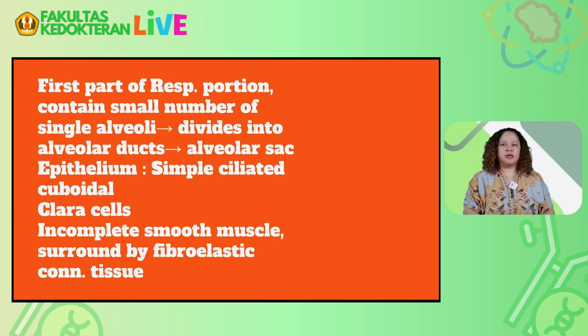The epithelium here is simple ciliated cuboidal, which is absent at the distal part and at the rim of the alveolar opening, becoming squamous alveolar cell lining, known as type 1 cells. The smooth muscle becomes incomplete, and it is surrounded by fibroelastic tissue.